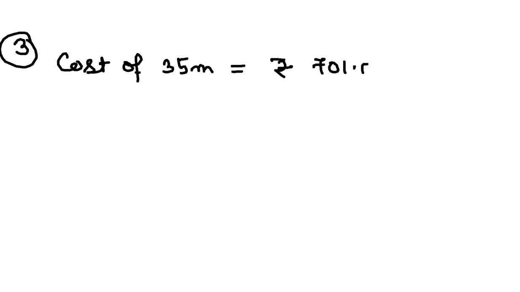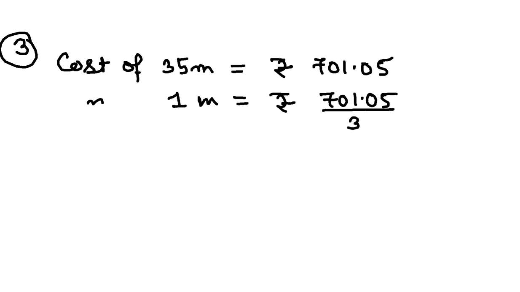If the cost of 35 meters of cloth is rupees 701.05, obviously cost of 1 meter will be rupees 701.05 by 35, and you have to find the cost of 18 meters.